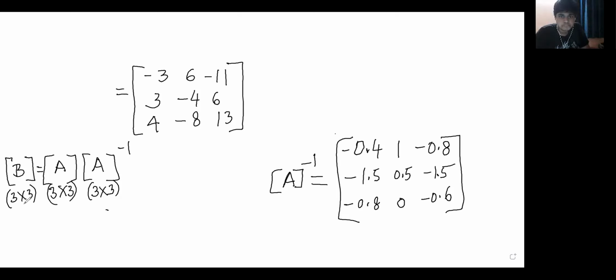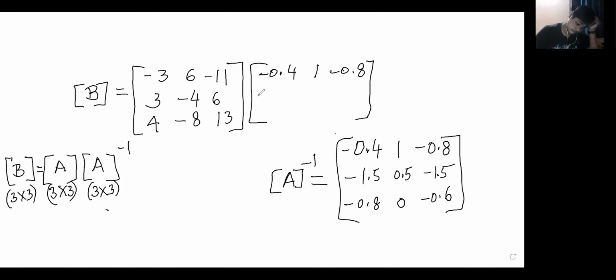So here we'll write B. It is A into A inverse: minus 0.4, 1, minus 0.8, minus 1.5, 0.5, minus 1.5, minus 0.8, 0, minus 0.6.